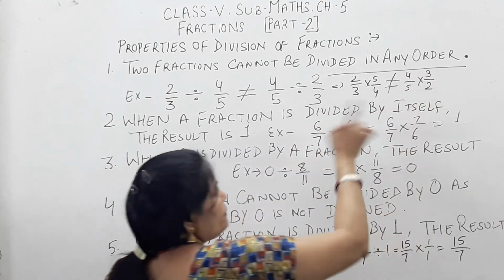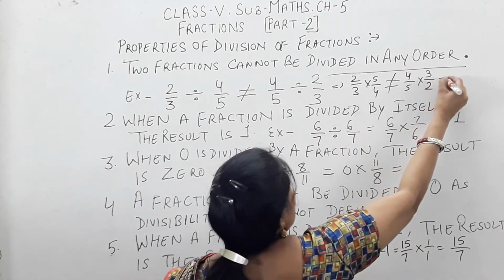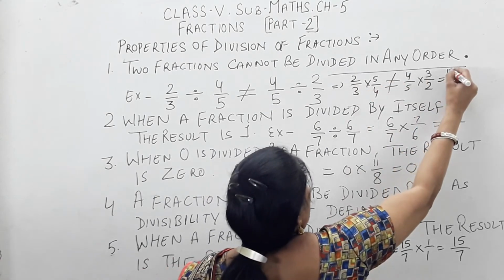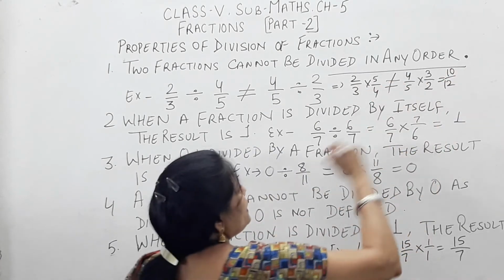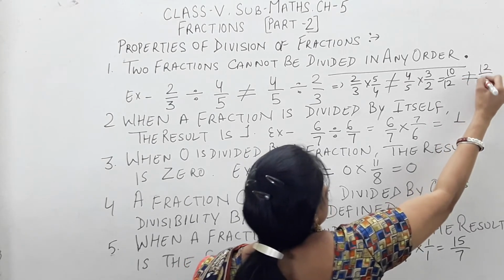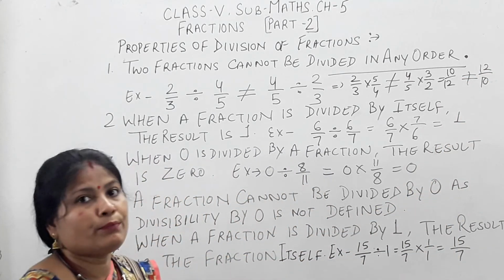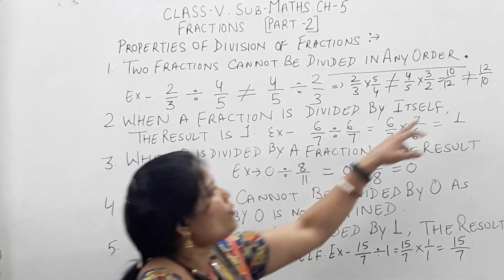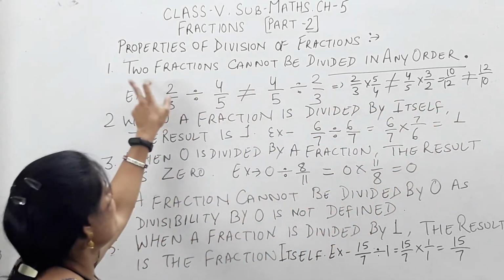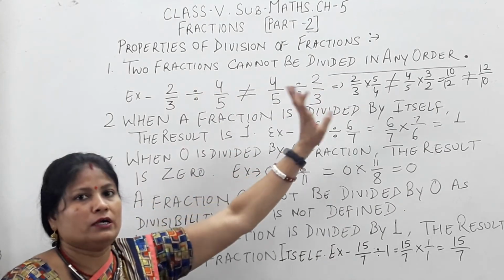So the result is 10 upon 12, and the next result is 12 upon 10. You can see that 10 upon 12 and 12 upon 10 are not equal. So we can't divide in any order.